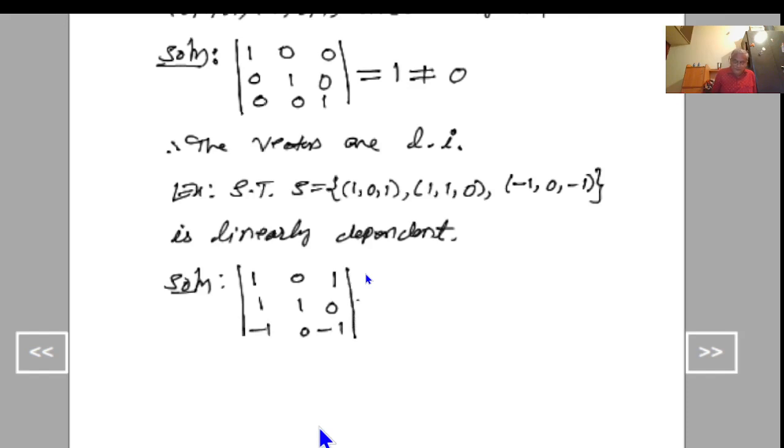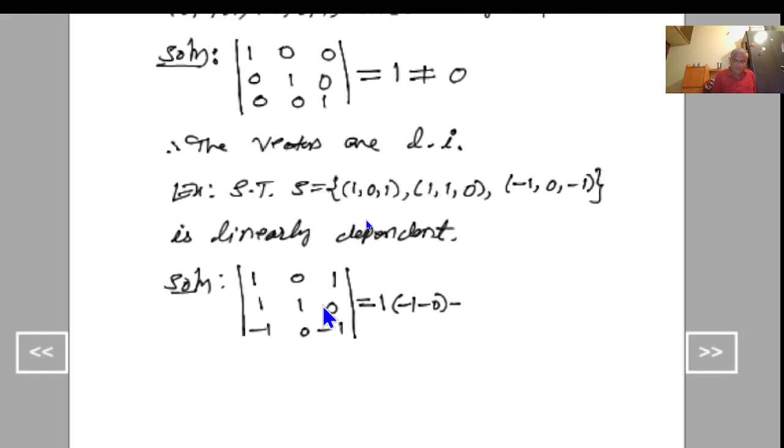This is equal to, expanding this in any of the methods, so you can expand this determinant. I will expand by the usual method, that is 1 into this into this minus this into this, that is (-1 - 0).